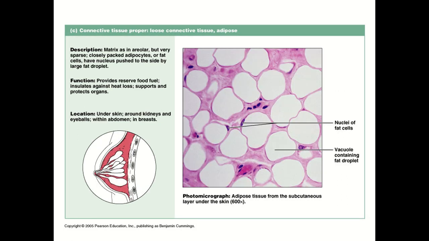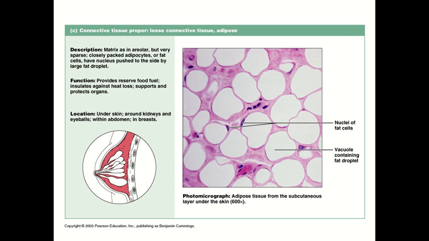For adipose, also under the group of loose connective tissue, adipose has a matrix as in areolar, but it is very sparse and has closely packed adipocytes, or fat cells, as you can see here, white in color. The nucleus is pushed to the side by a large fat droplet.